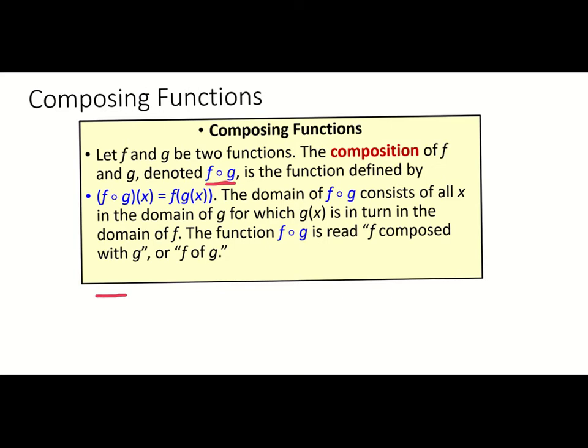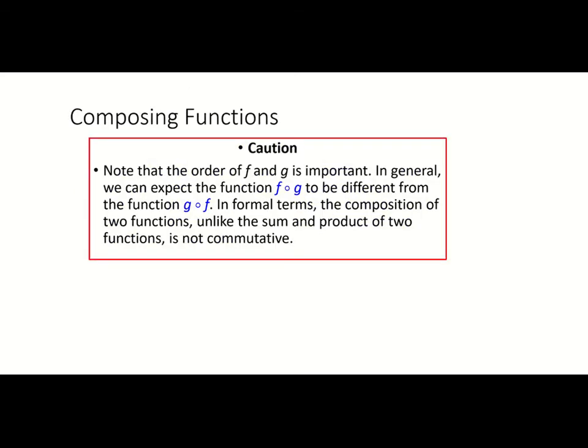And it can be written with the circle, or they could just put like g of x within the parentheses for f of x. But what fog stands for means f composed with g, or f of g. And I'll show you what that means in a second.